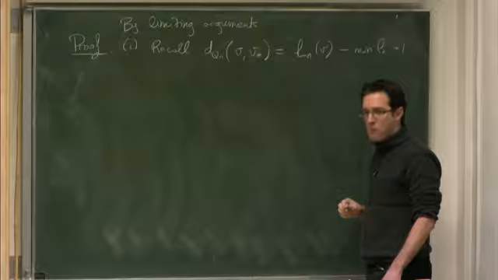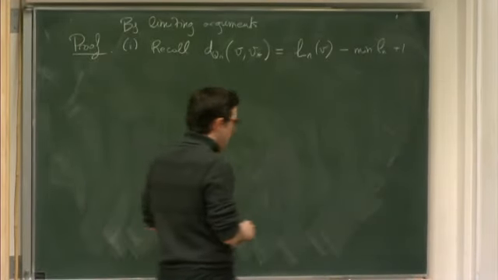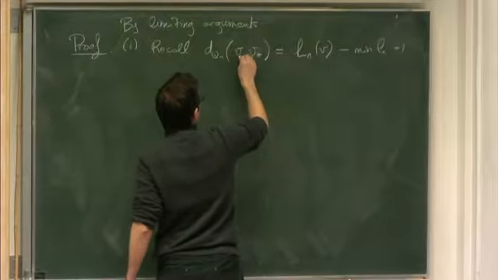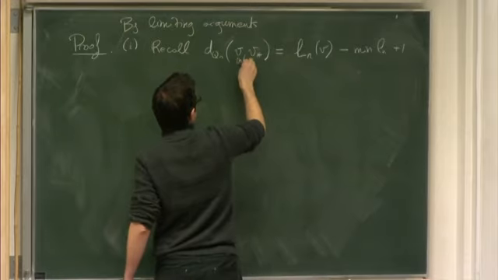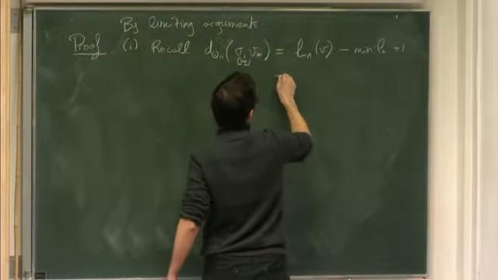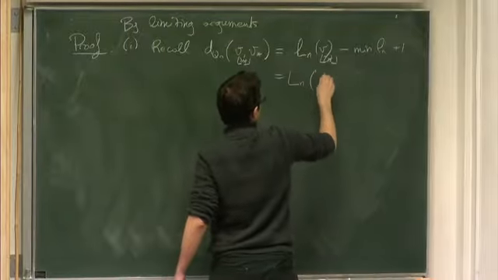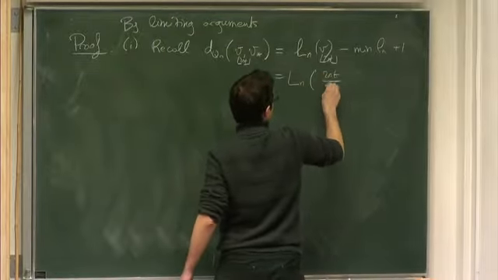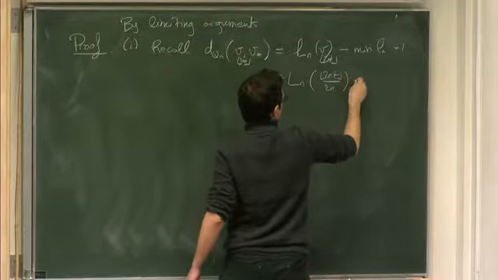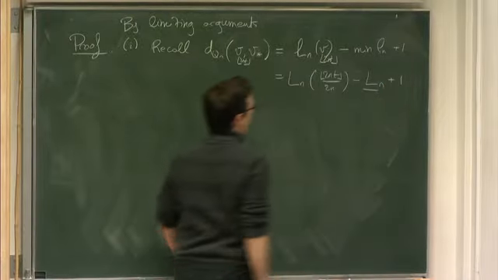Okay? And we're almost there. Just replace V maybe by V2nt, the vertex visited at time 2nt. In this case, this is just ln of 2nt divided by 2n minus, with obvious notation, the min of ln plus 1.